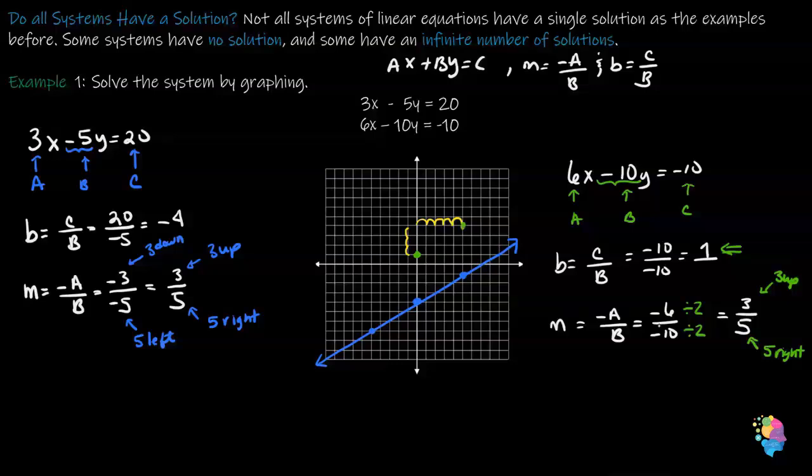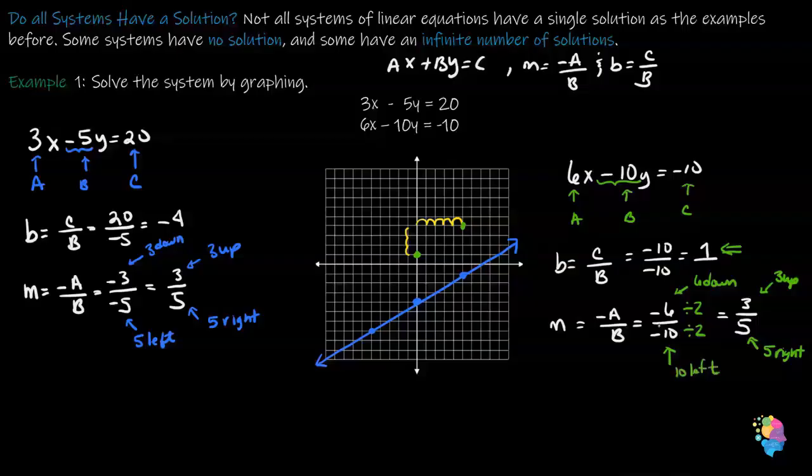Now, just like at the beginning, did we actually have to simplify? No, we can use the original slope. That means that if you have a rise of negative 6, we're going to go 6 down. And if we have a run of negative 10, we're going to do 10 to the left here.